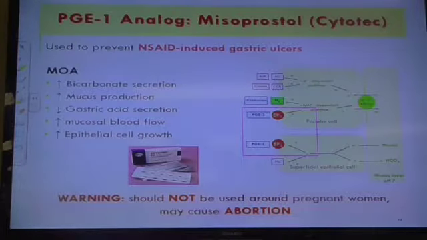PGE1 analog, or misoprostol, is the first prostaglandin analog used in the clinic in humans. And for the EP3 receptor, it can signal for both PGE1 and PGE2.